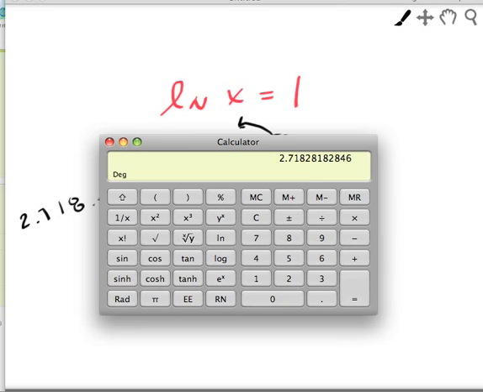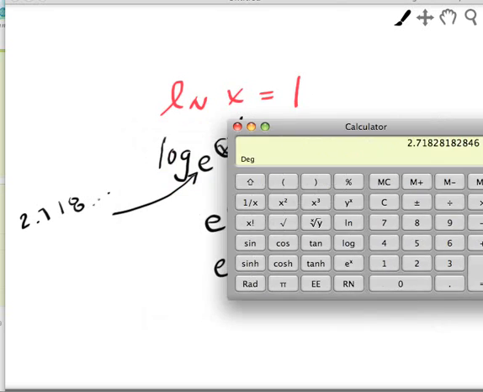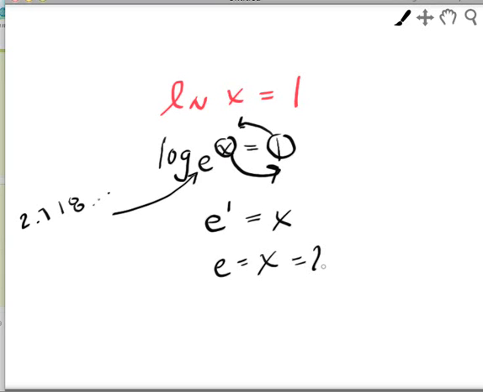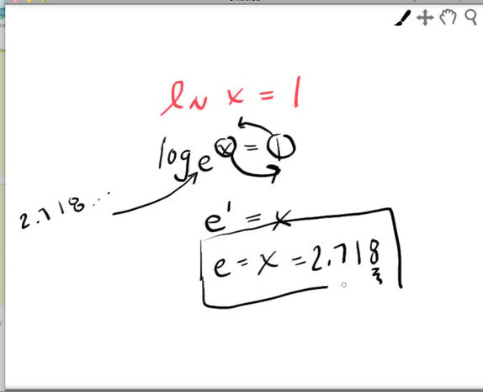Now, they want us to the nearest thousandths. So here's the thousandths position, the 8. We look to the 10,000ths position, which is 5 or less, so we're not going to upgrade the 8. And our answer here is simply going to be 2.718 to the nearest thousandth place. So there's one problem dealing with the natural logarithm.